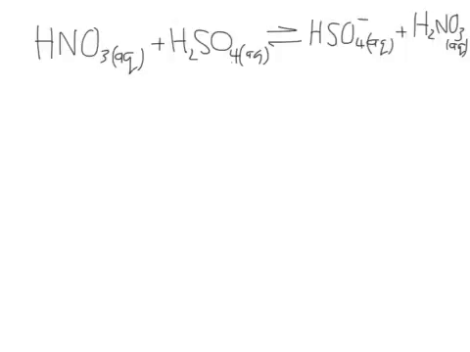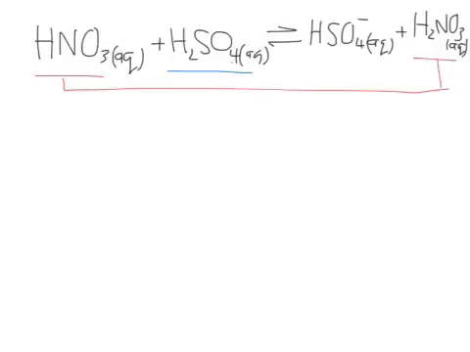If we take the nitric acid here, we can spot its pair over the other side here. And with the sulfuric acid, we can see its pair is here. If we start off with the nitric acid, you can see on the left-hand side of the equilibrium there is one hydrogen, and over the other side of the equilibrium we have two.